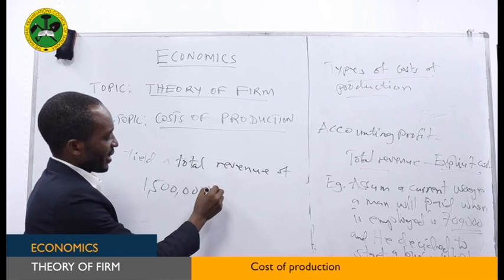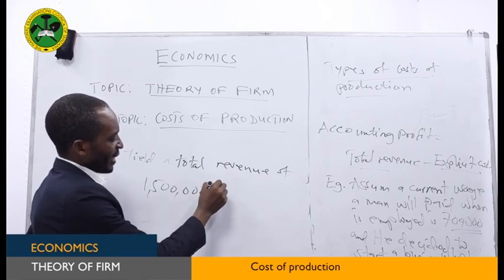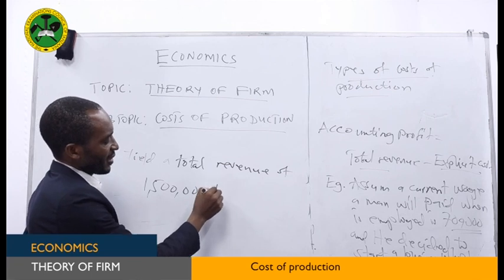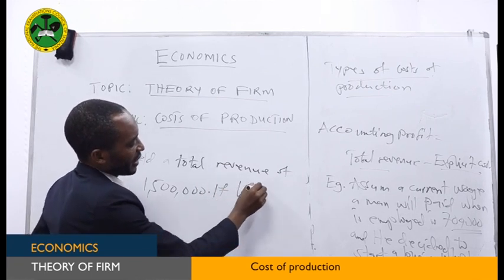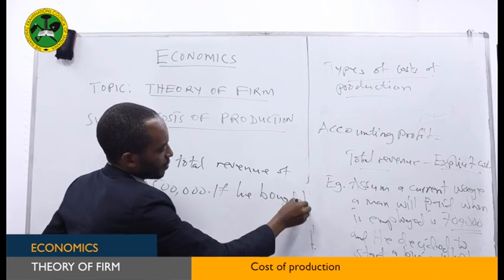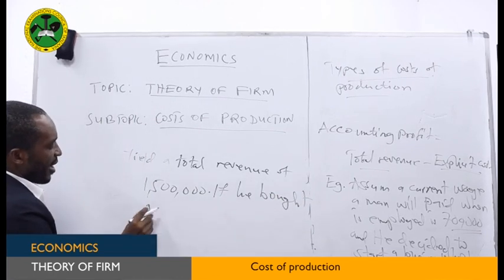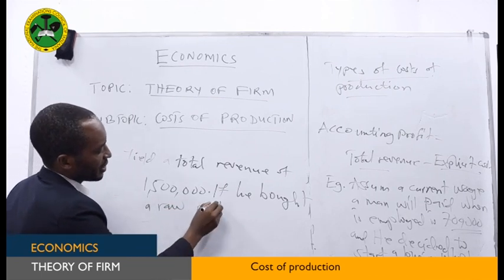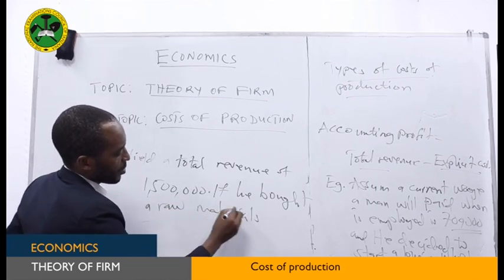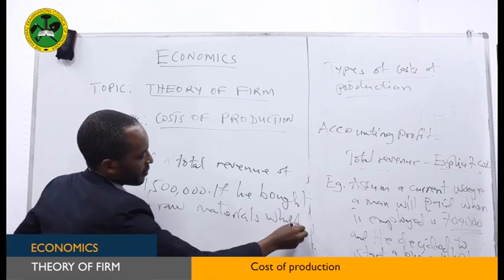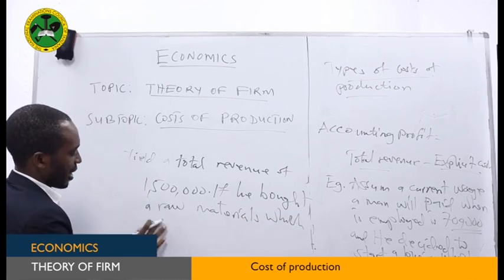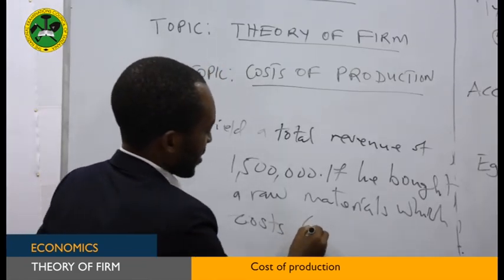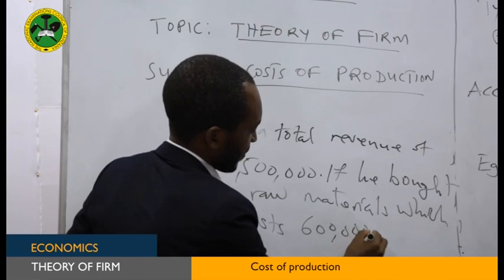Now, if in his business, let's say, if he bought raw materials which costs 600,000.